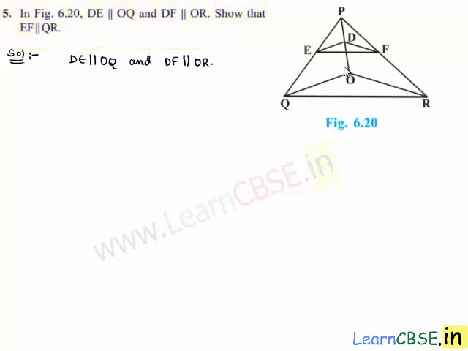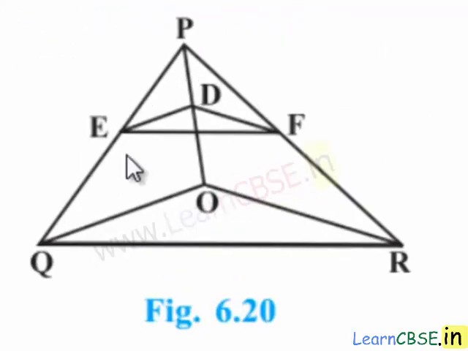Now he asked us to prove that EF is parallel to QR. Now in order to prove that, if we are able to prove that PE by EQ is equal to PF by FR, then from converse of basic proportionality theorem we can say that EF is parallel to QR.